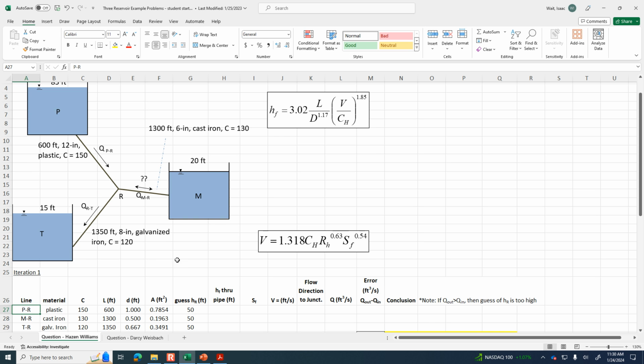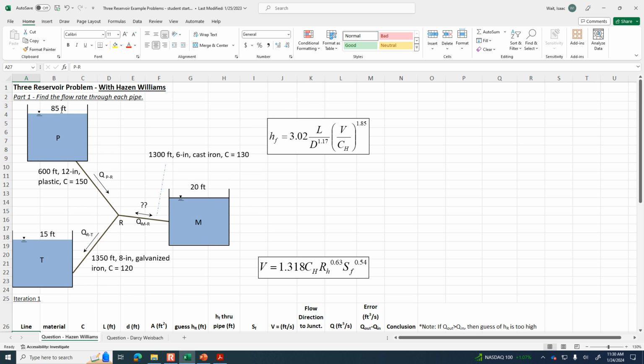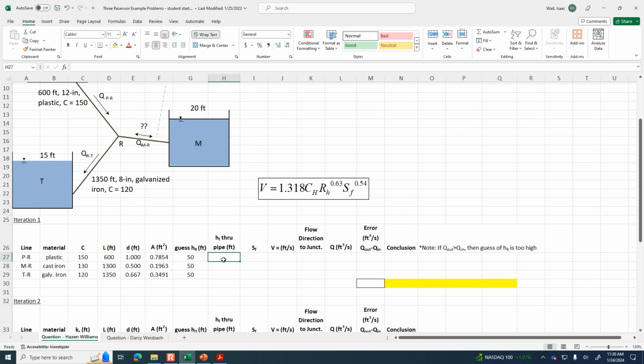So the head loss through the pipe is 85 minus 50. So it's the water elevation of 85 minus whatever the guess of the head is at that location. If the head at junction R is 50, then that by definition means that there's 35 feet of head lost through the pipe.